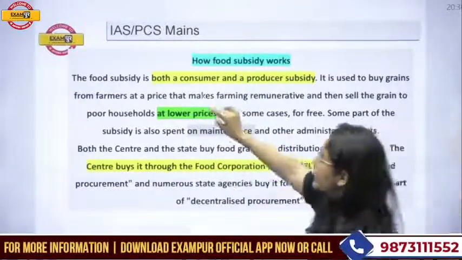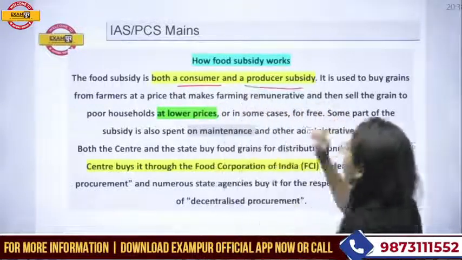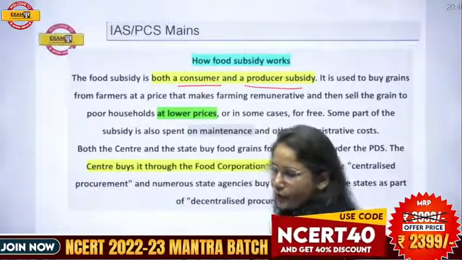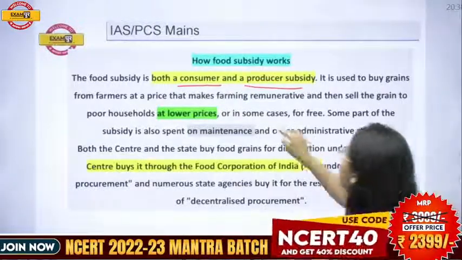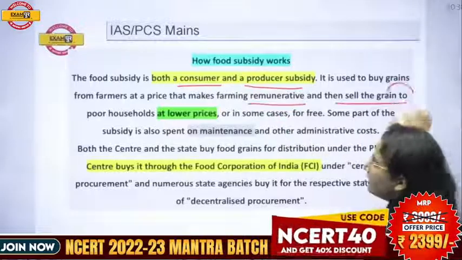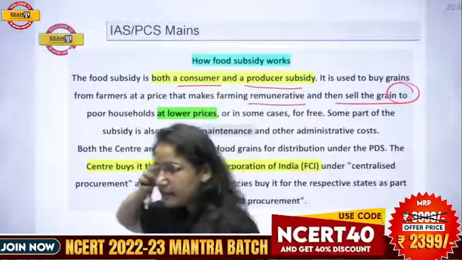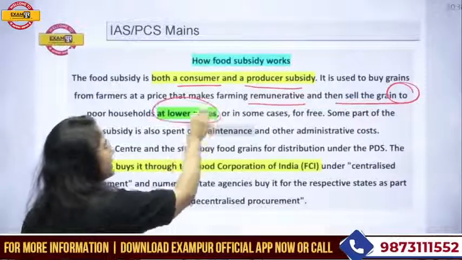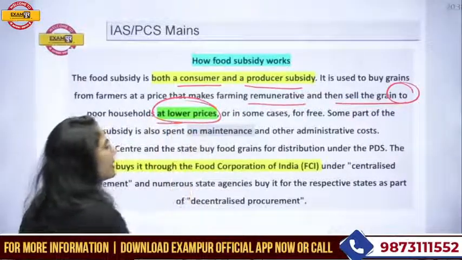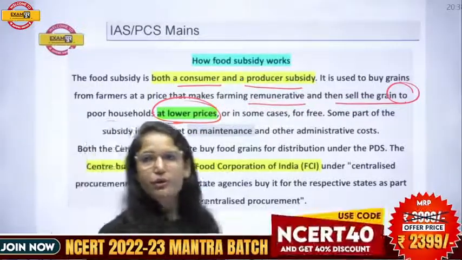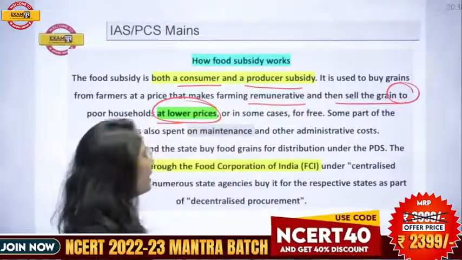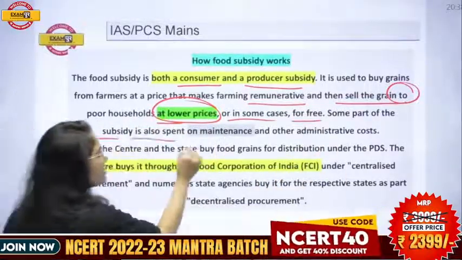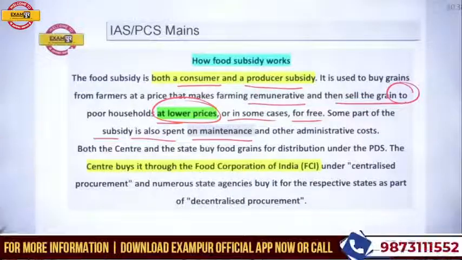Food subsidy is both for consumer and producer. Who is the producer? It comes from the side of farmers: make farming remunerative, and sell the grain to poorer consumers at lower prices, and in some cases for free. Some part of the subsidy is also spent on maintenance and administrative cost.